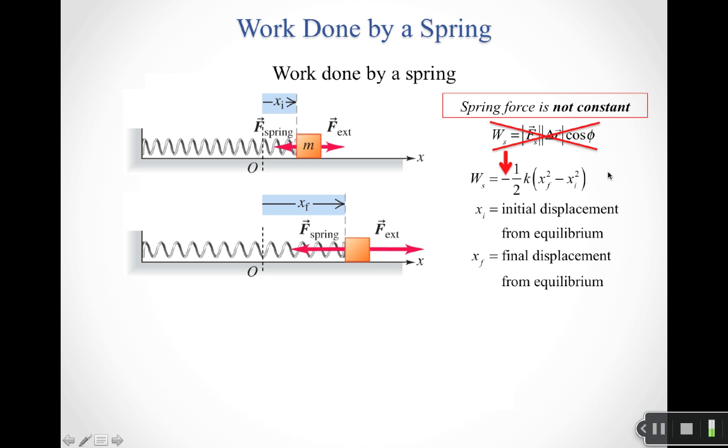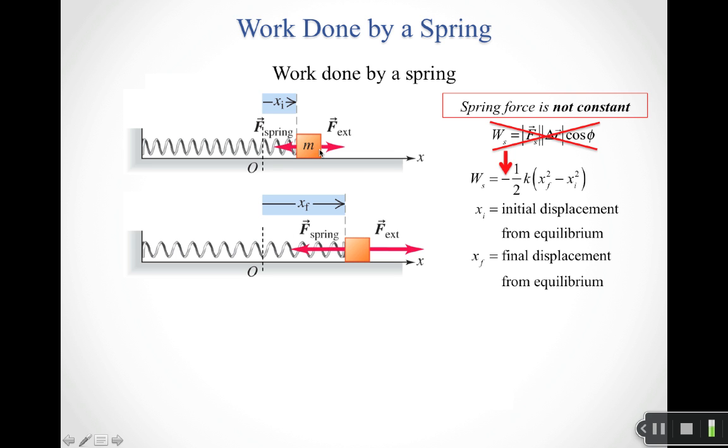This negative sign out front is actually really important, because I know that in this case I've pulled the spring, so in my picture here, I've pulled the spring farther away from equilibrium, even though the spring force was always trying to pull it back towards equilibrium, which means that the spring force points in the opposite direction as the displacement.